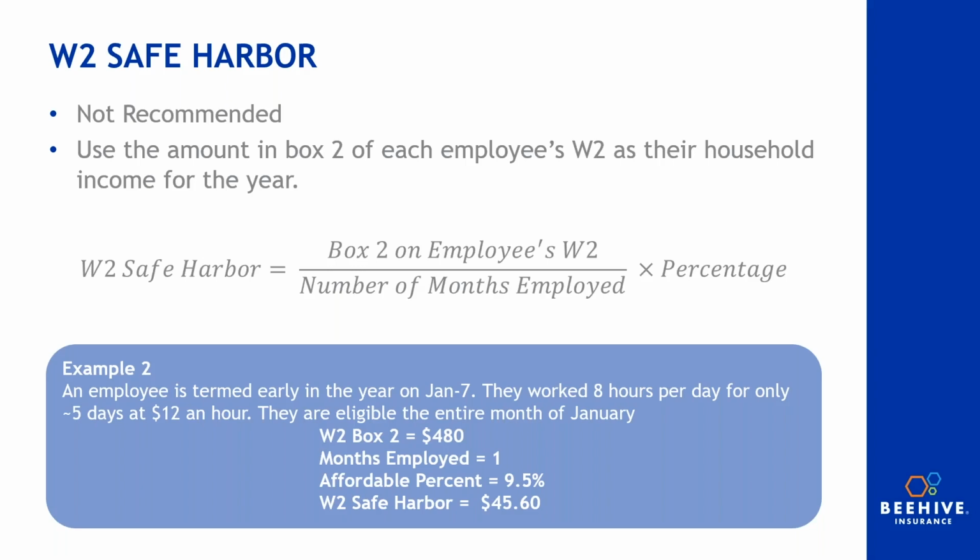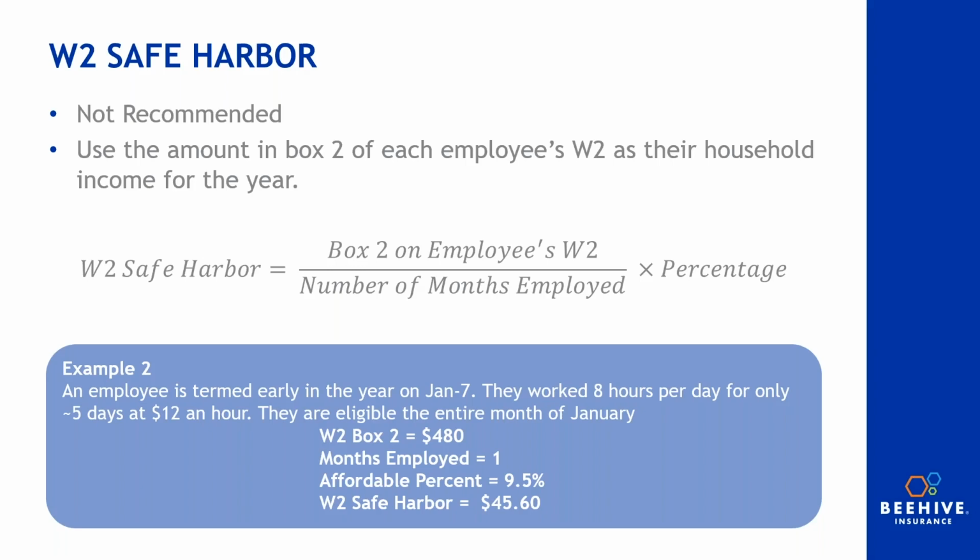Again, using the same affordability percentage of 9.5%, and keep in mind that does change every single year. If you had this employee, your employee-only cost for employee-only coverage would have to be $45.60 or less in order to use the W-2 safe harbor.